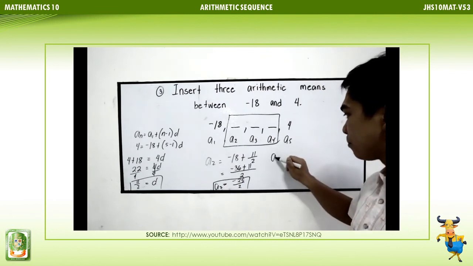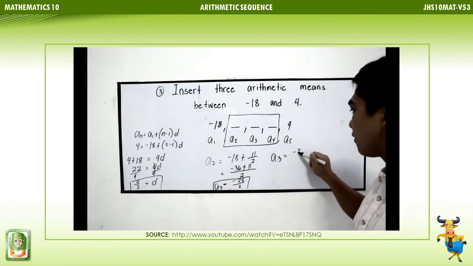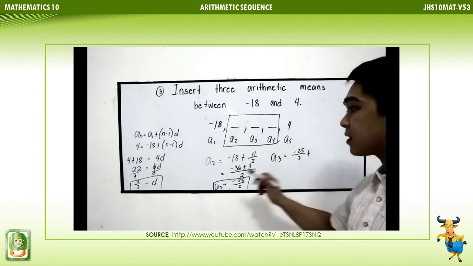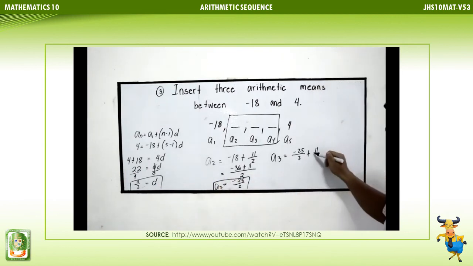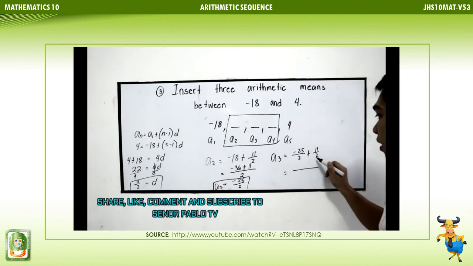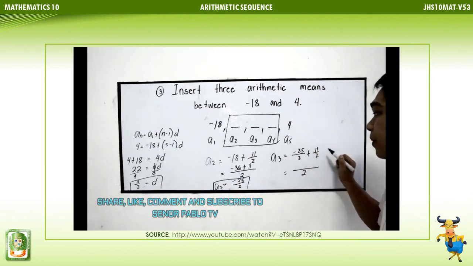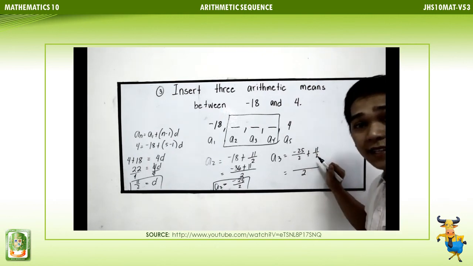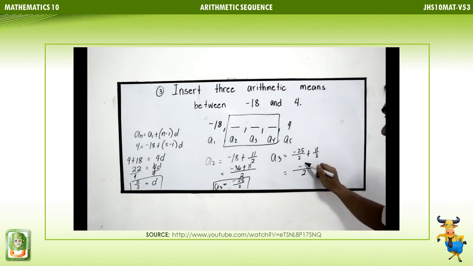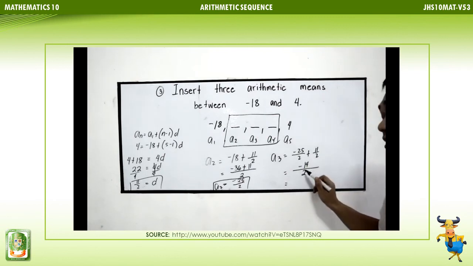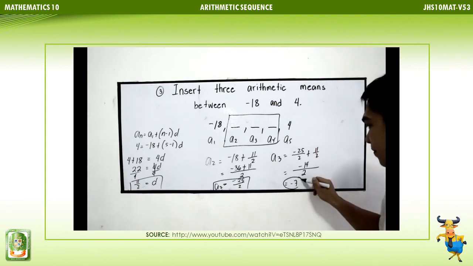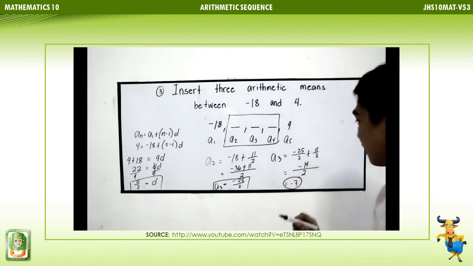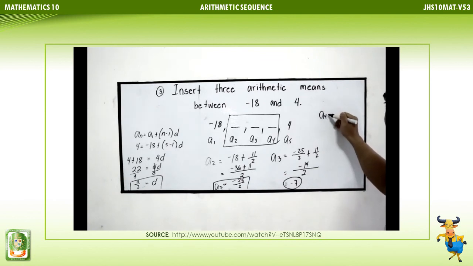Our A3 is negative 25 over 2 plus 11 over 2. They have similar fractions on the same denominator, so negative 25 plus 11 is negative 14 over 2. Divisible? Yes, so that is negative 7. Now next, A4.